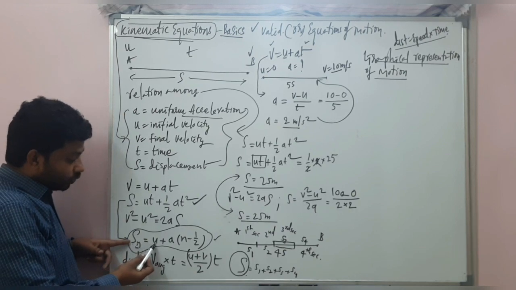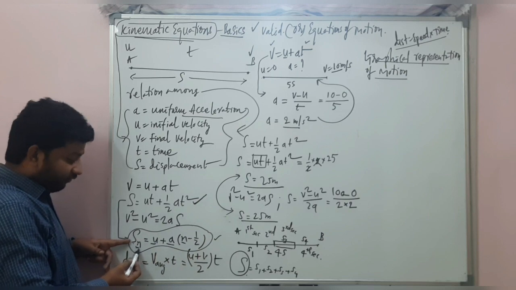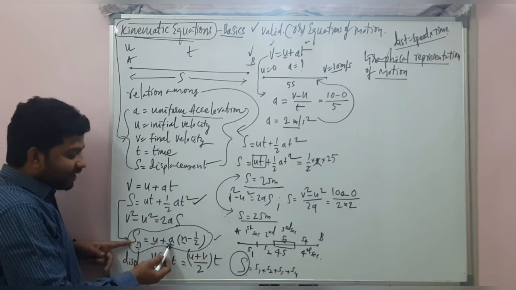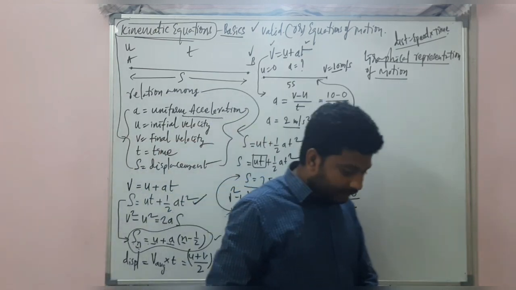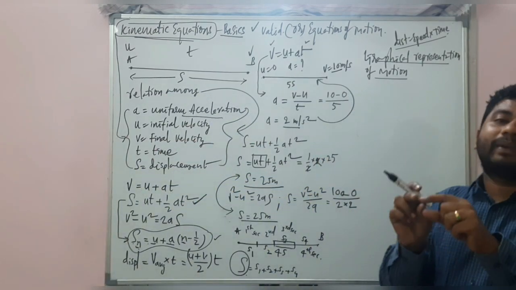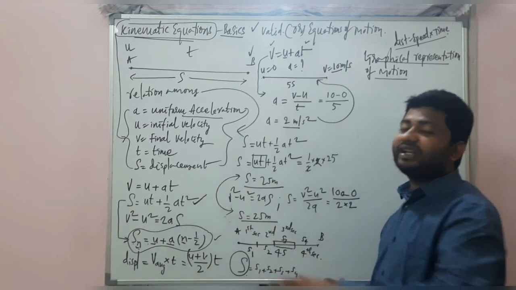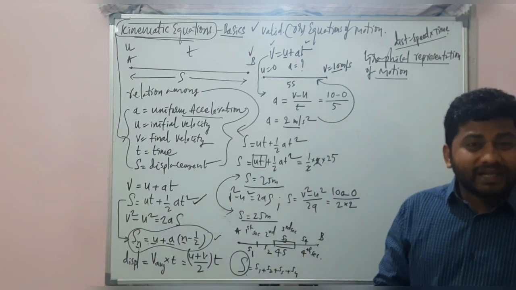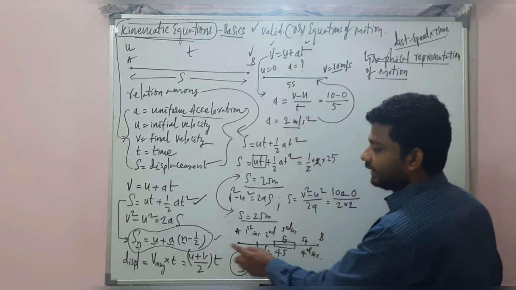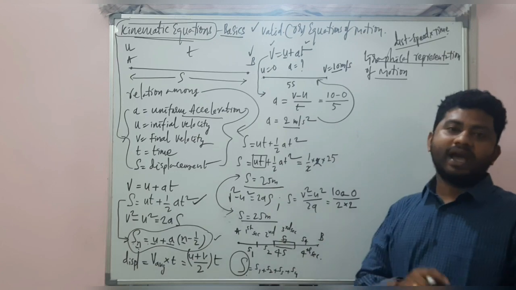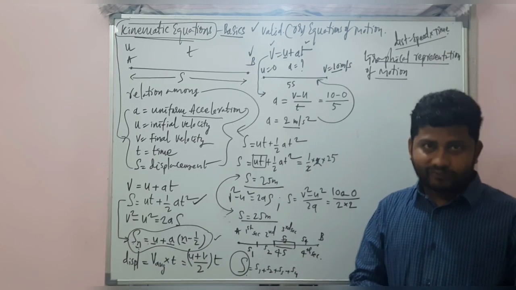S3 is equal to u plus a into 3 minus half. If it is S4, u plus a into 4 minus half. Got it? Clear? Total distance taken by a body in a particular time can be found by using the second equation of motion. In a particular second, the distance travelled by a body is calculated by using this formula: Sn is equal to u plus a into n minus half.